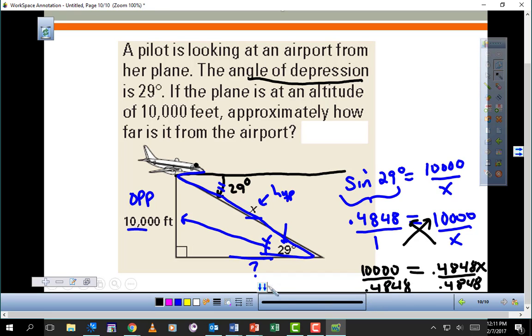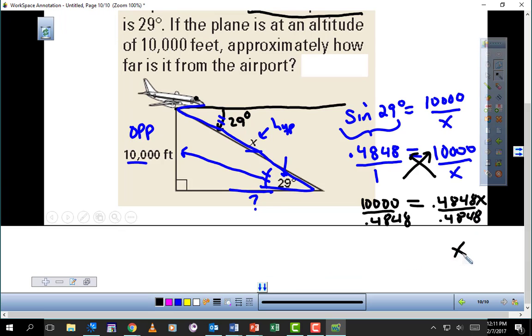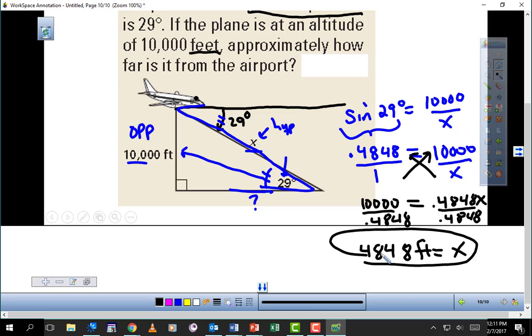That gives me x, which is 10,000 divided by 0.4848, and that turns out to be 4,848. Now, I think this would be in terms of feet. So there's our unit, and there we have it. And that's how much distance they have left to get to the landing spot right here. That's where they're going to land, I think.